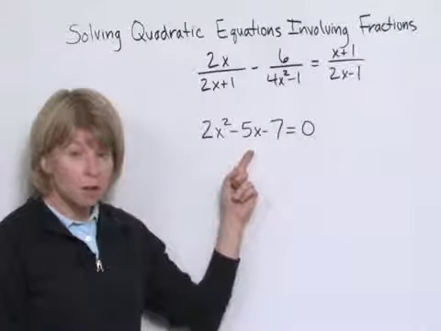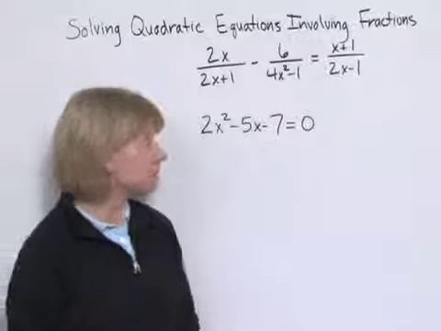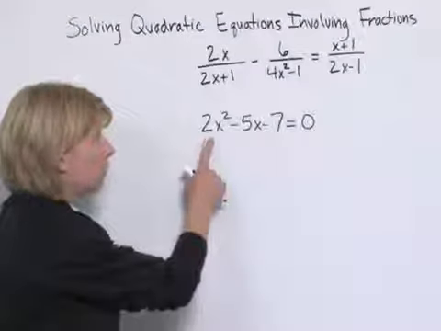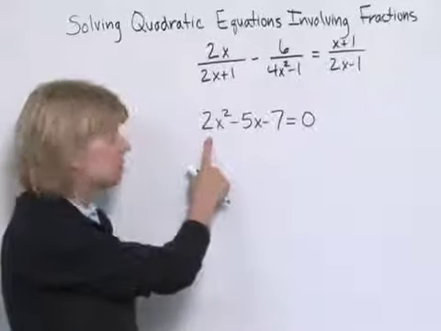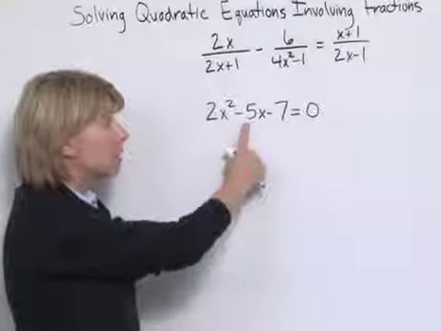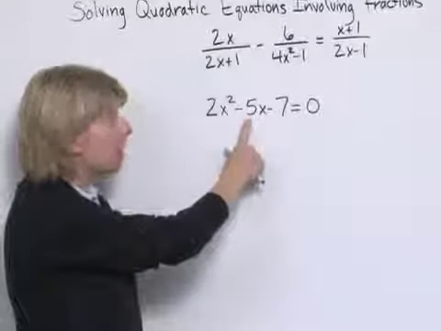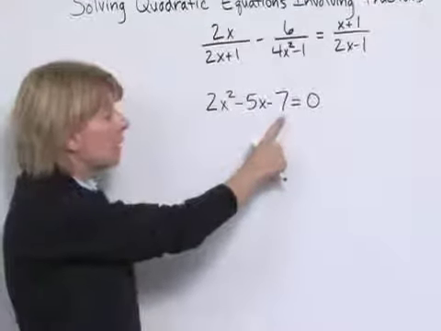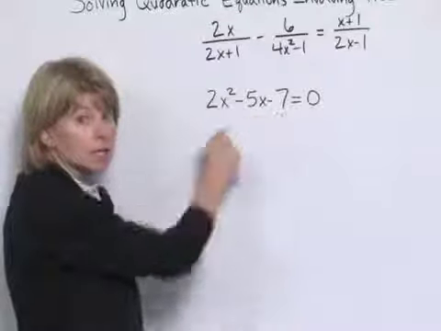And we're going to solve this quadratic equation by using the quadratic formula. Remember, the value of a in the formula is the coefficient of x squared, or 2. The value of b is the middle coefficient, or -5, the coefficient of x. And the value of c is the constant, in this case, -7.